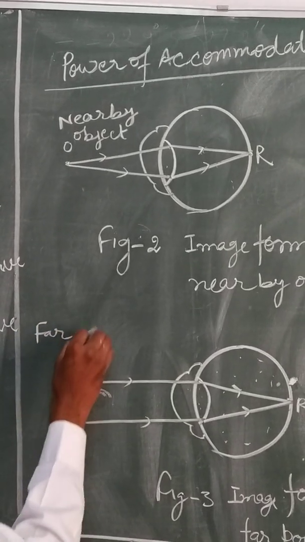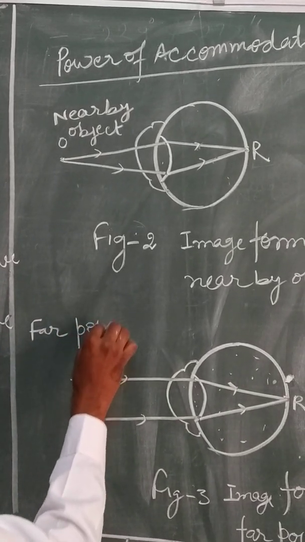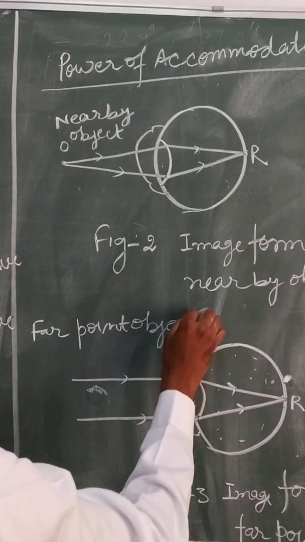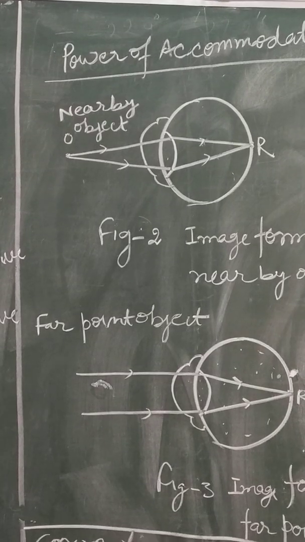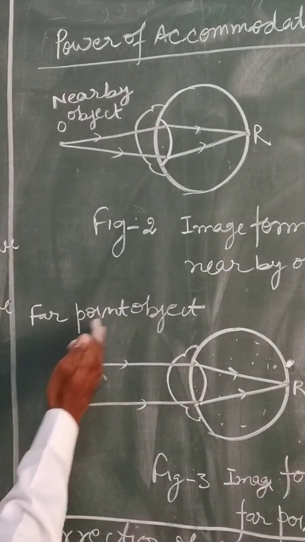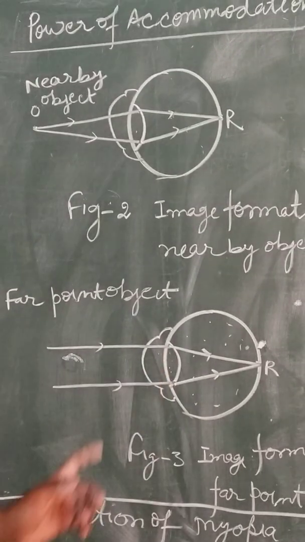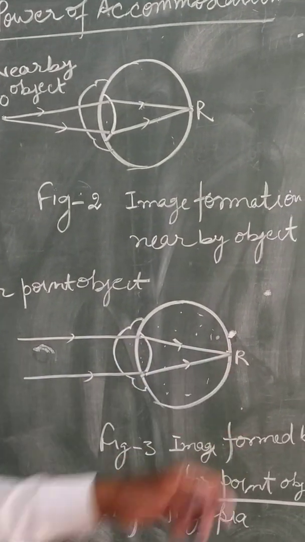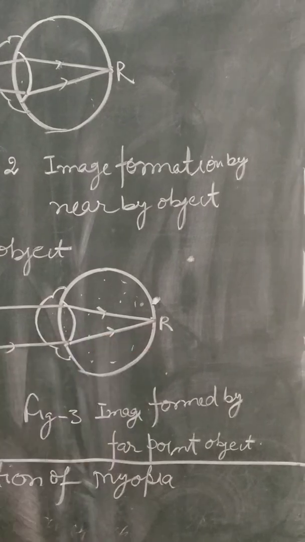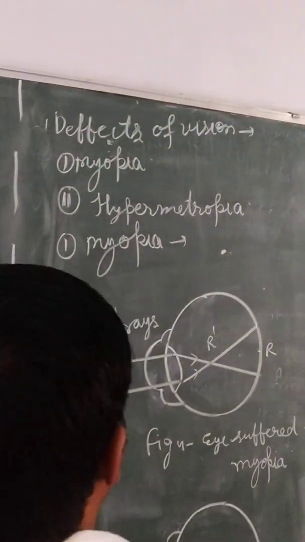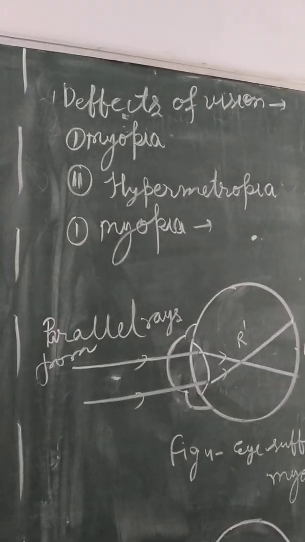From the far point object the parallel rays are incident on the convex lens and converge on the retina, where the image is formed.